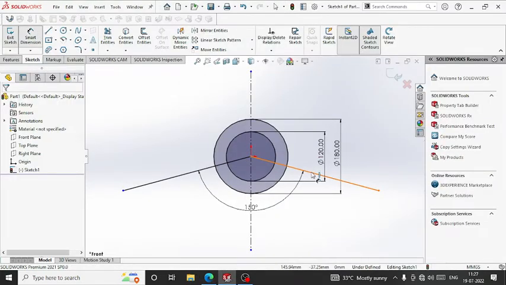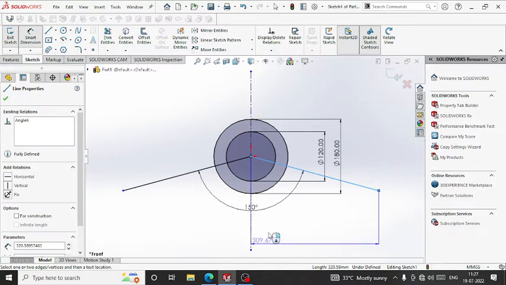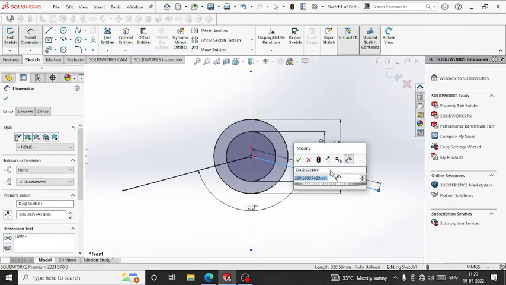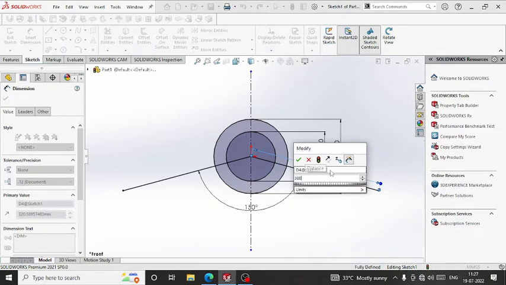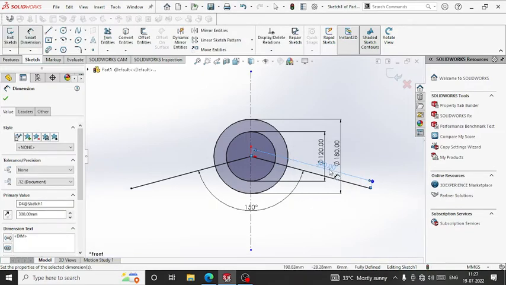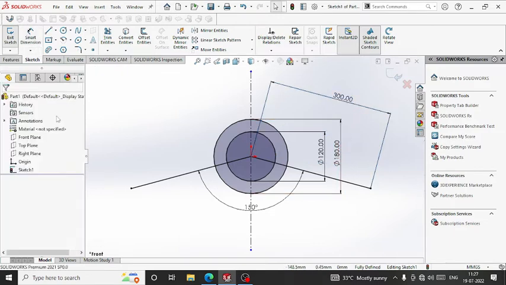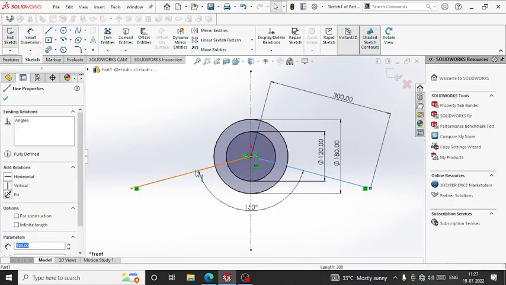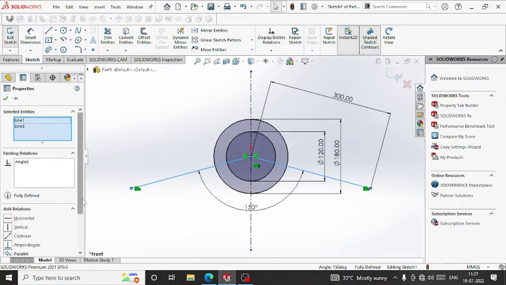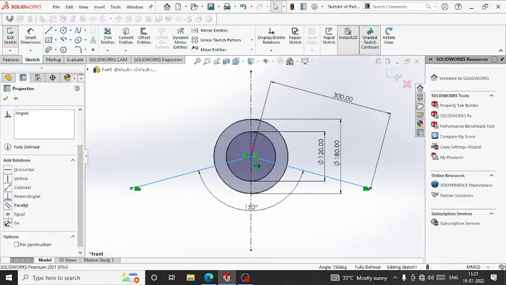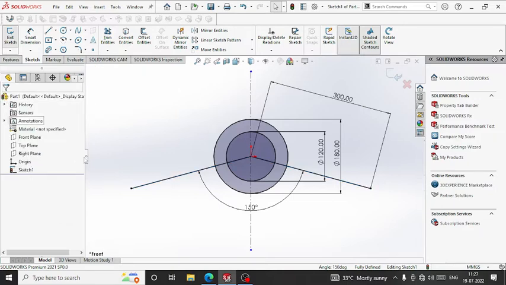Smart dimension. 300. Okay. And this line and this line are equal. Okay.